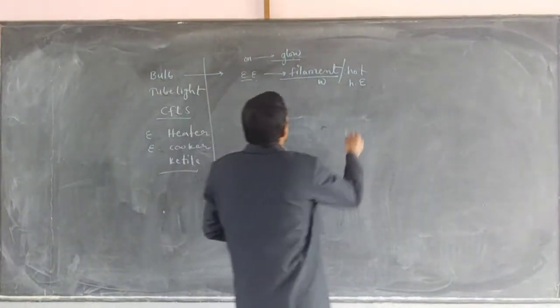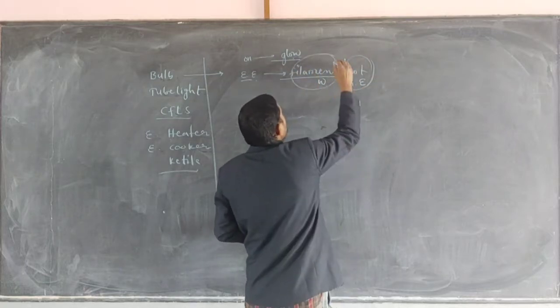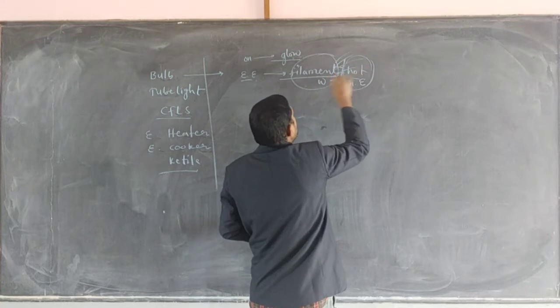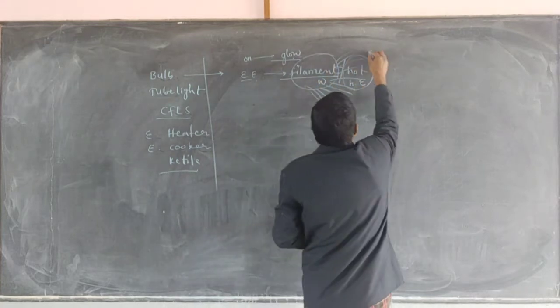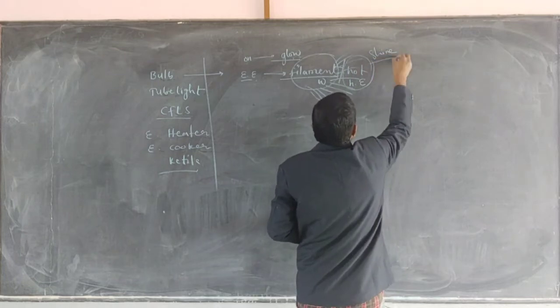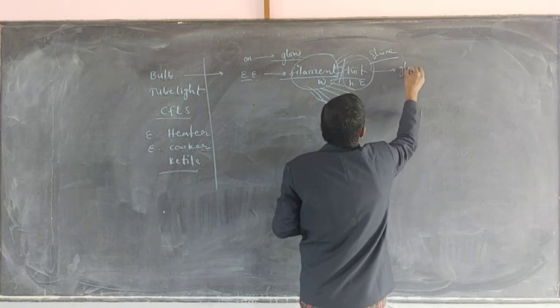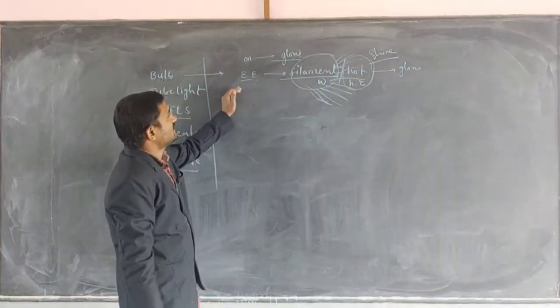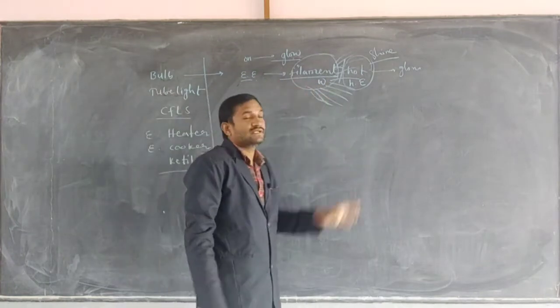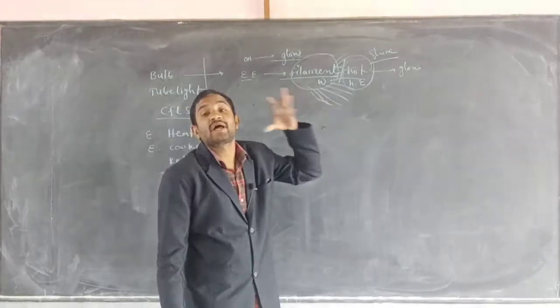Then after heating, the filament gives light, it glows, that means it shines. At that time only the bulb will glow. First, electrical energy is converting into heat energy, then finally heat energy is converting into light energy.